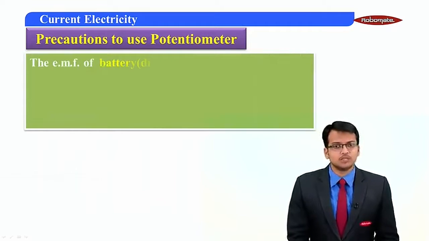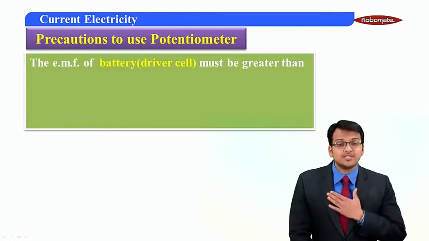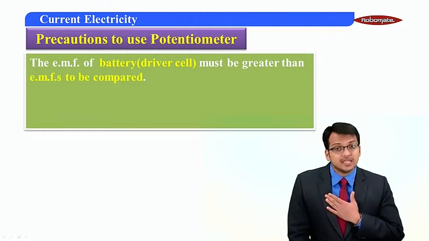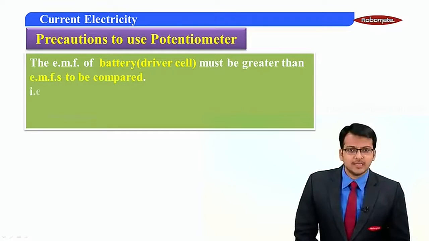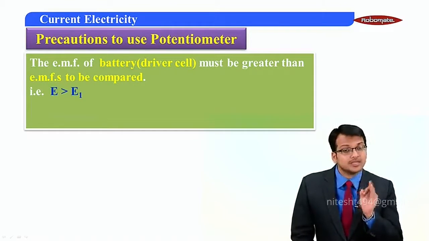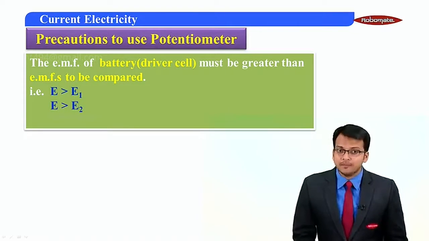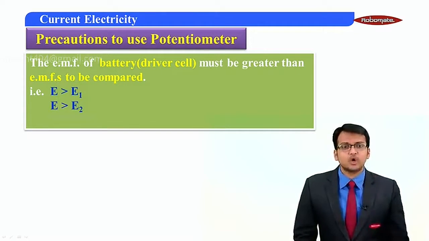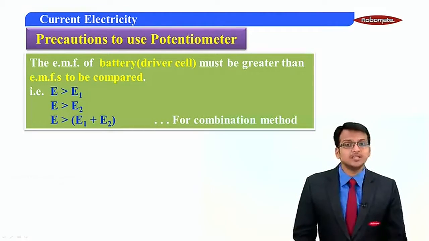Now what are the precautions I am going to take? The first precaution is that the EMF of my driver cell, which we say to be E, should be greater than the EMFs that I am going to compare. We take 2 EMFs for comparison, so E should be greater than E1 as well as greater than E2. But in our second method, the combination of cells, E should be greater than E1 plus E2.